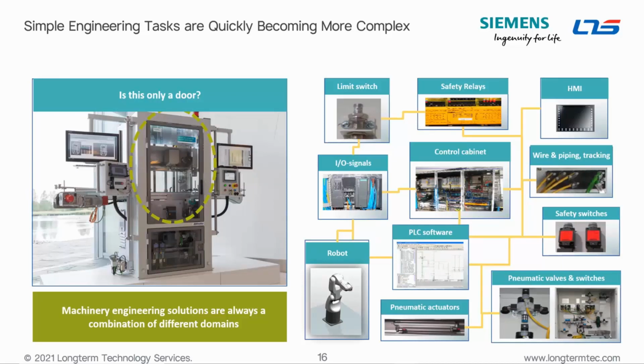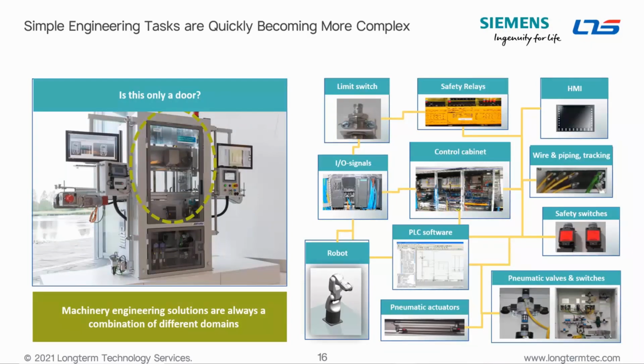Is the door closed or opened? Therefore, I have to add limit switches. I have to add safety relays, so that if the door gets opened during operation of the machine, the load gets taken off the machine, and the machine stops, so that no human gets hurt at the end of the day.